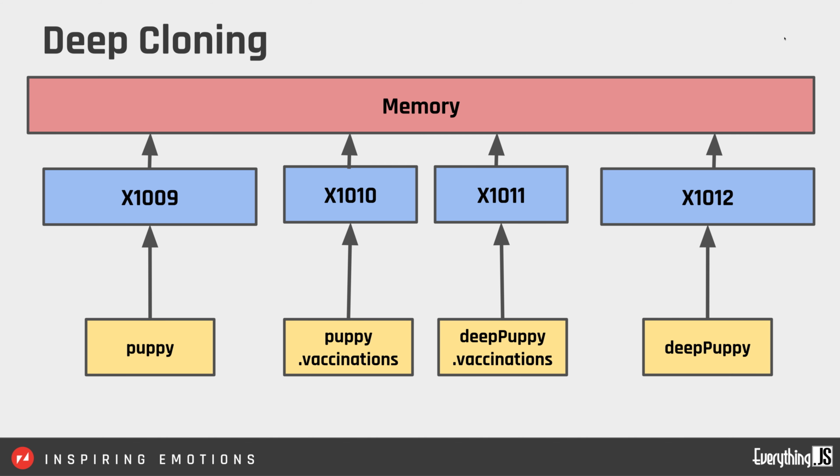There are various libraries available to do this, like Lodash, but you can also simply write your own function to implement deep cloning. One exercise you can try is to implement this functionality on your own.